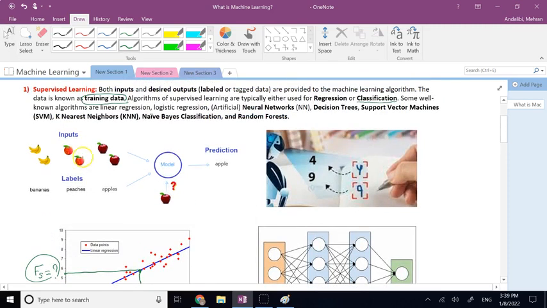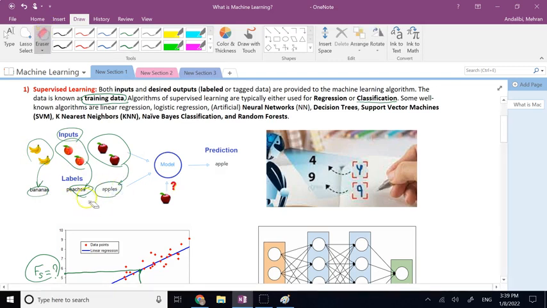For example, I give you these images of bananas, peaches, and apples, and say, hey, these images belong to bananas. So these are my inputs, and the label or the output for it is banana. These guys are peaches. These guys are apples.